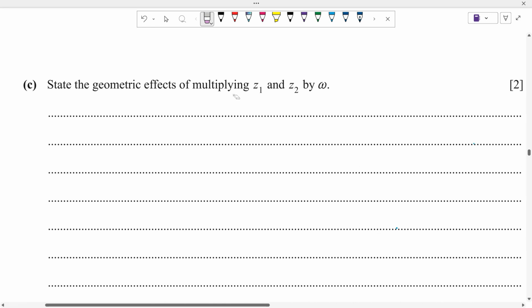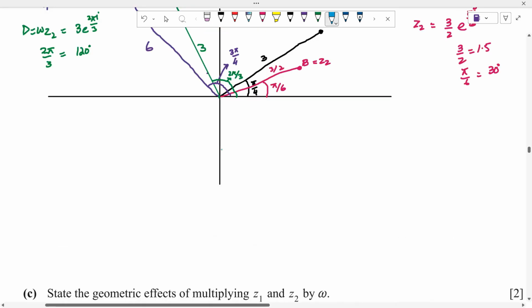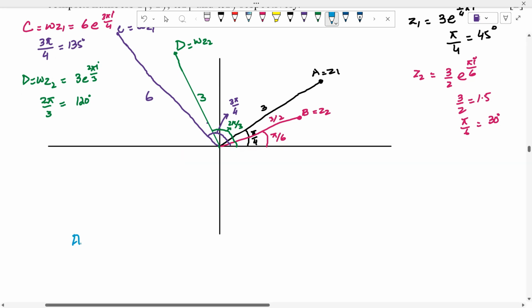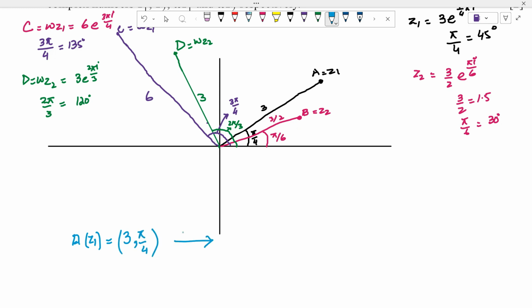State the geometric effect of multiplying z1 and z2 by omega. Okay, we know that A and B are the points. When multiplied with omega, we get C and D. Before multiplying, A, which is z1, has length of 3 and angle of pi by 4. When multiplied with omega, we get C, which is omega z1, and this one has the length 6 and angle of 3 pi by 4.